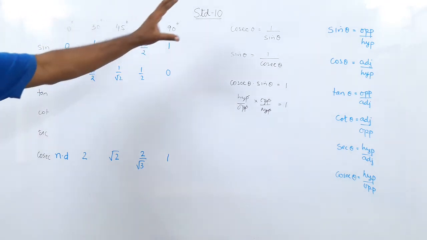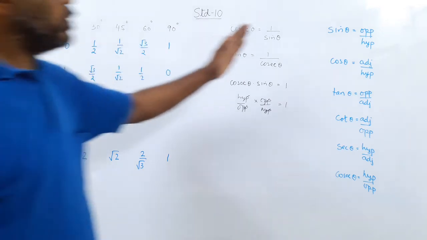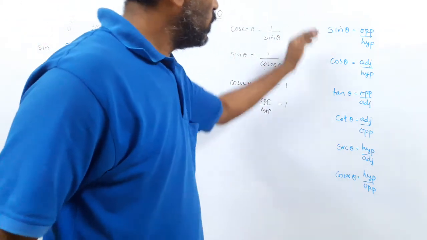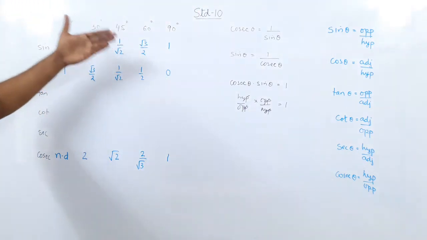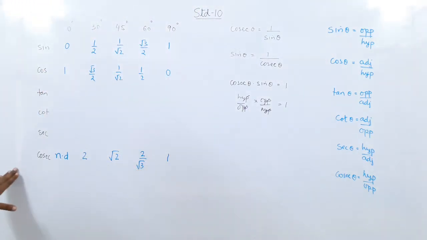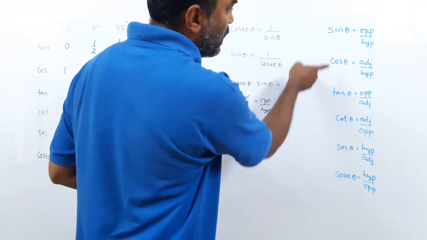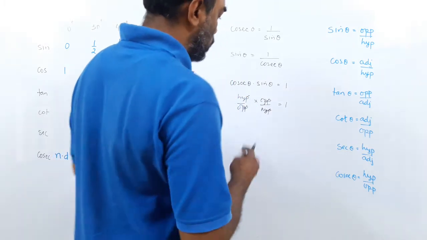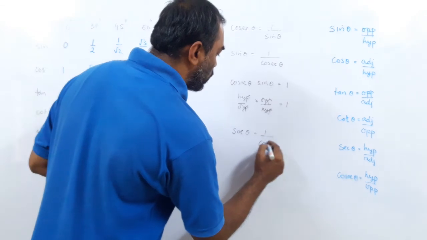We found out sine by theoretical value. We found out the cos also. And now, with the help of this ratio, you saw sine and cosec are reciprocals. So since we know sine, the reciprocal will give us the cosec. Okay? Similarly, cos and sec are reciprocals. So sec theta equals 1 upon cos theta.